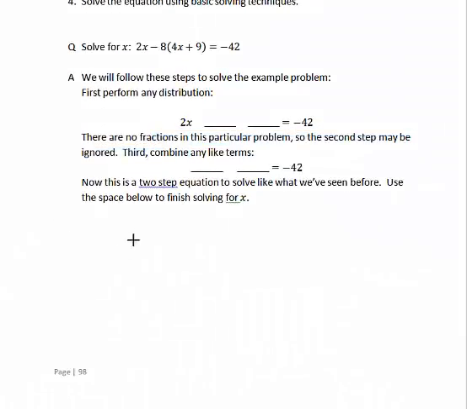So in the space below, we will take our equation and carry out the steps. The x is only in one place, on the left side, and we begin by adding 72 to both sides.